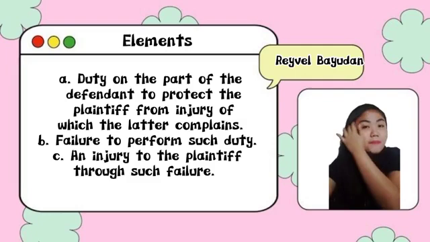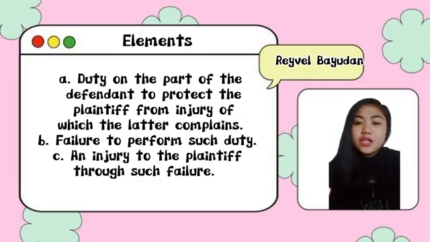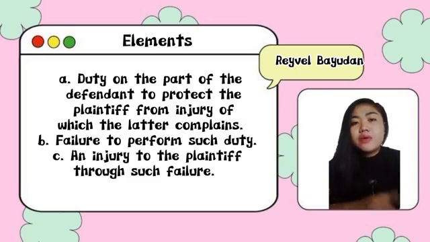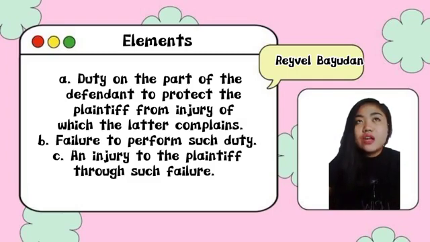So, in the first element, it said that you have the duty to protect the plaintiff against injury and pain. So, in the number 1 element, kailangan mo nang sundin yung contract. You should follow the contract, you should follow the law para hindi ka magkaroon ng failure to perform such duty.